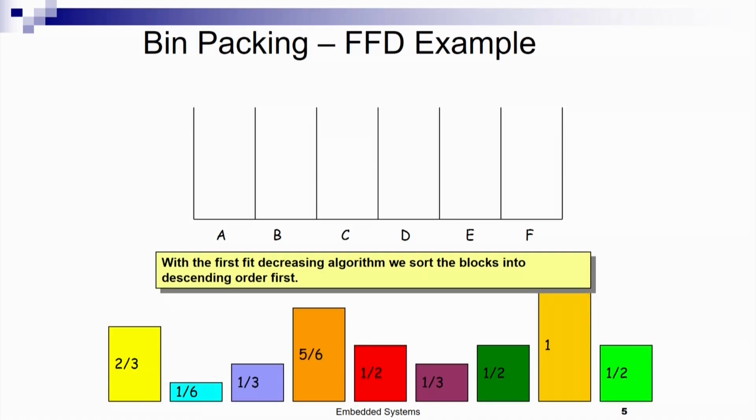Let us now understand the first fit decreasing algorithm with an example. Let us assume that we have a set of these 9 tasks. The first task having a utilization 2/3, second task having a utilization 1/6, third task having a utilization 1/3 and so on, to be scheduled on a set of these 6 processors.